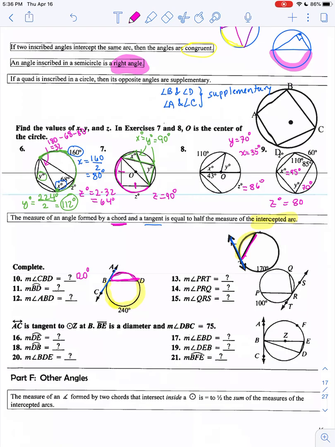So if you know that the angle CBD is equal to 120 degrees, then the angle ABD is equal to 60 degrees, which if I then take that angle that's formed by the tangent and BD, so AB and BD, and double that, then I get arc BD is equal to 120 degrees. Okay, and then angle ABD we just figured out was equal to 60 degrees. It's half of 120.